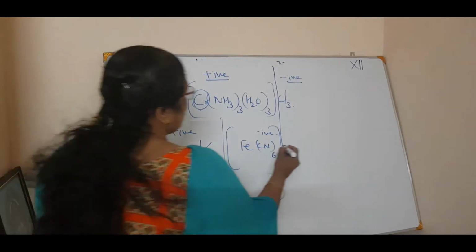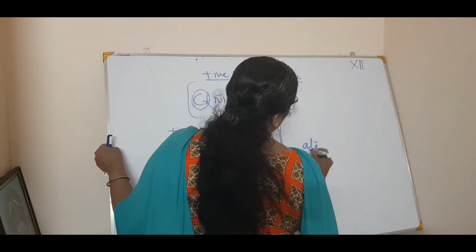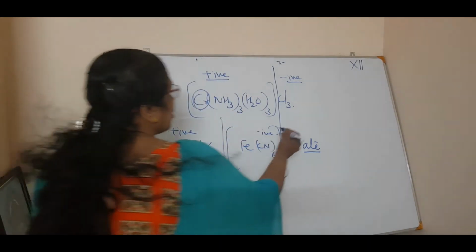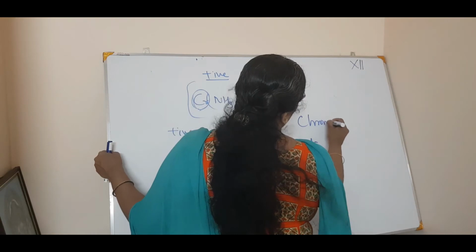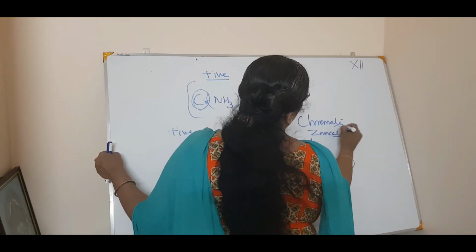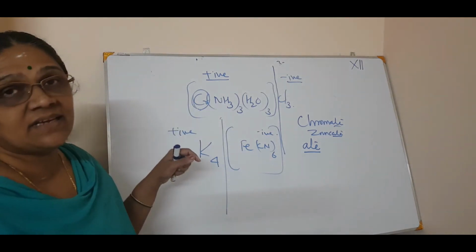The naming of the metal should end in -ate. AET എന്ന് പറഞ്ഞാൽ, ക്രോമിയം will be chromate, zinc will be zincate. So it should all end in the -ate.